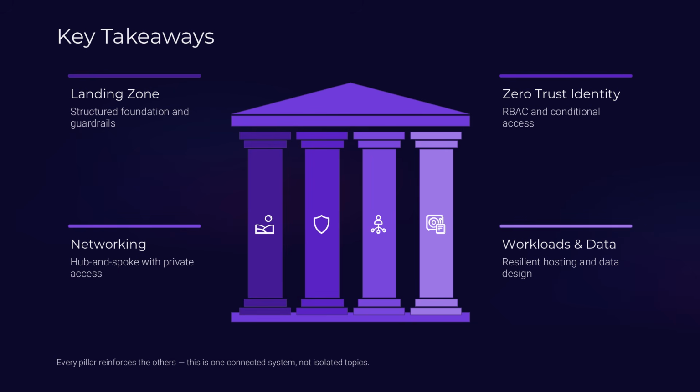You align high availability and disaster recovery to agreed recovery time objective and recovery point objective targets and prove readiness through testing. You enforce secure DevOps so pipelines deliver safe change with controlled identities and secrets. Finally, you use FinOps to keep costs predictable, attributable, and optimized so cloud adoption remains sustainable.